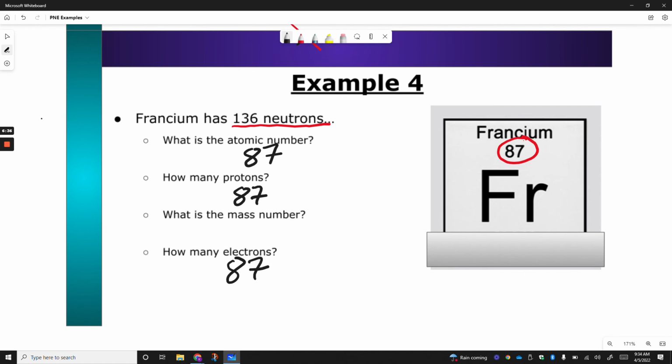Okay, now we get back into that little bit of math. Finding our mass number is the number of protons. It's going to be 87 plus our number of neutrons, 136. So you can add that in your head, maybe, or use a calculator.